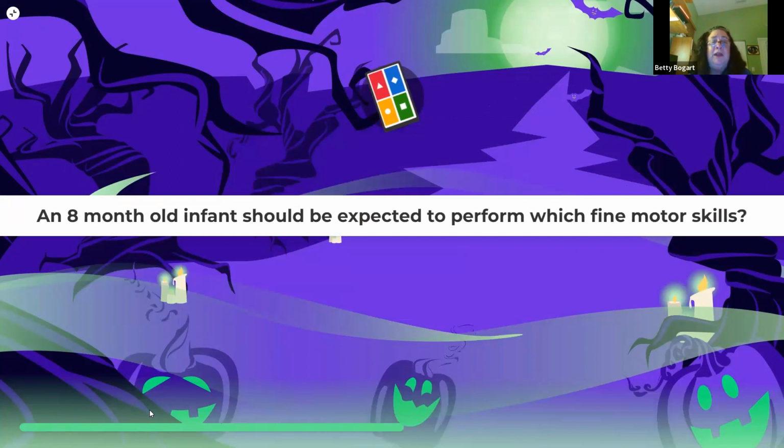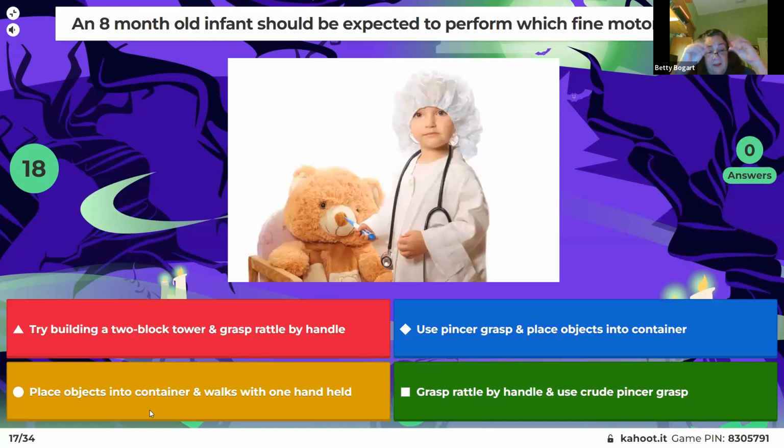An 8-month-old infant should be expected to perform which fine motor skills? Fingers. And in your book, you're going to see it's going to be reflex palmar grasp, voluntary palmar grasp, then crude pincer grasp, which will be fingers. Then it'll be fine pincer grasp.